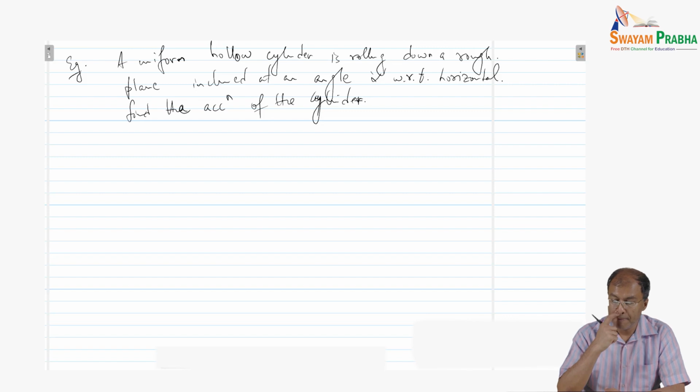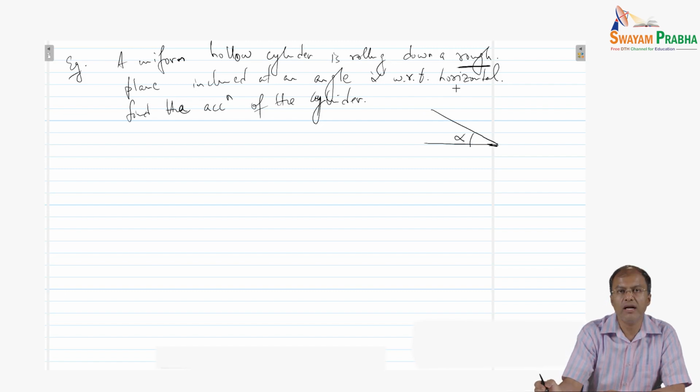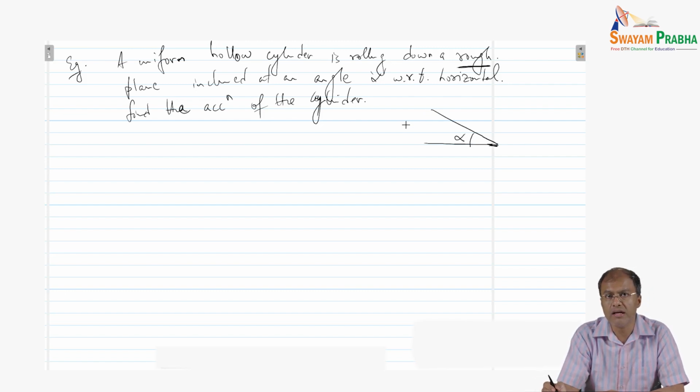Okay, so what we have here is a cylinder which is rolling down a rough incline. The moment we talk about rough, the word rough should give an indication that there is some sort of friction associated with the surface, which is the inclined surface.